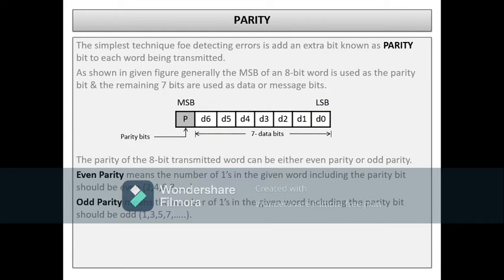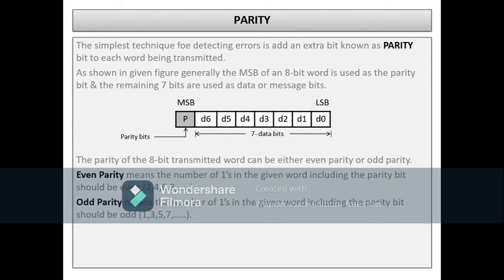Parity. The simplest technique for detecting error is to add an extra bit, known as the parity bit, to each word being transmitted. As shown in the given figure, generally the MSB of an 8-bit word is used as the parity bit and the remaining 7 bits are used as the data or message bits.